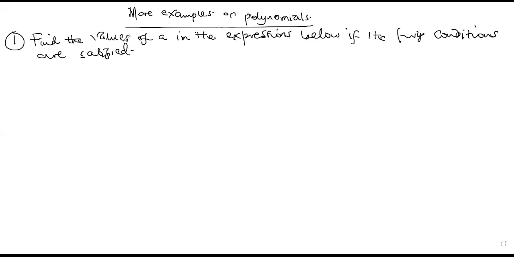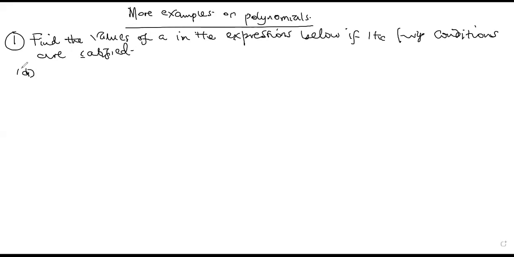So they give you conditions and they want you to find the value of A. How do we get the values of A?